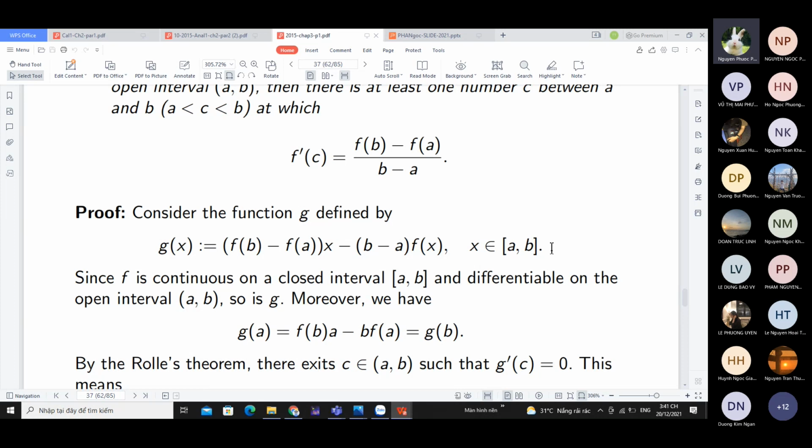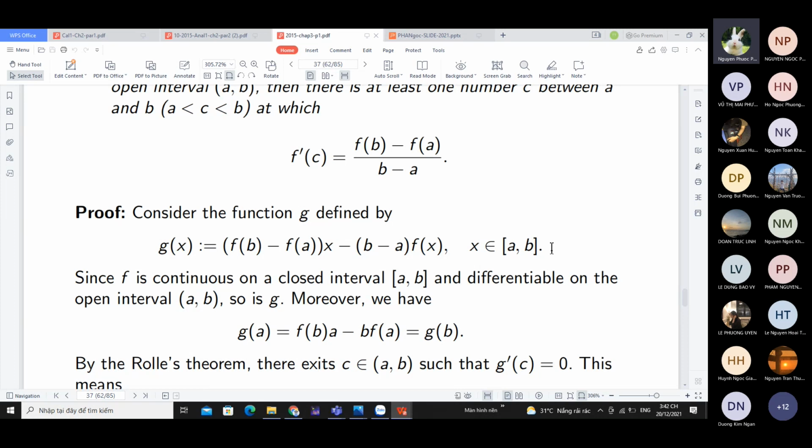And that's why the function g has the same properties. I mean, the function g is also continuous on the closed interval [a, b] and differentiable on the open interval (a, b). Why? Because the function g is just the sum of two functions. The first function is (f(b) - f(a)) times x.